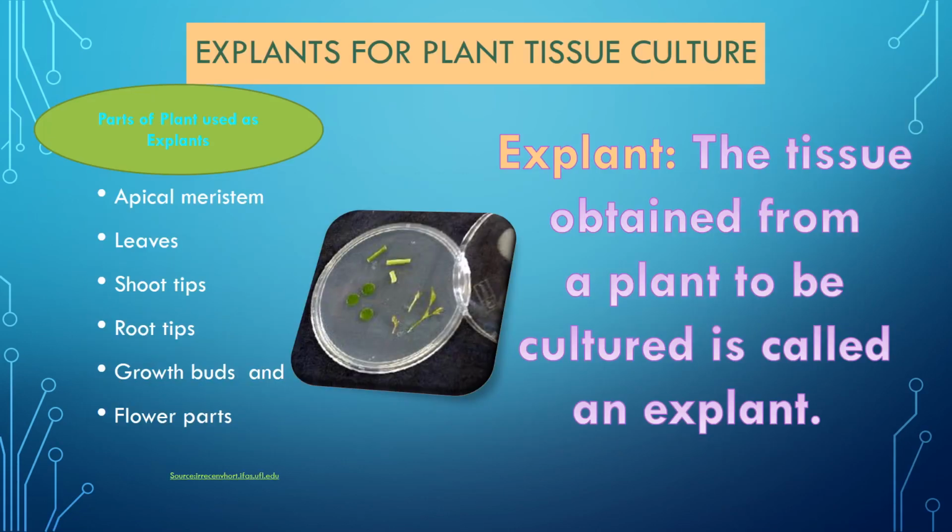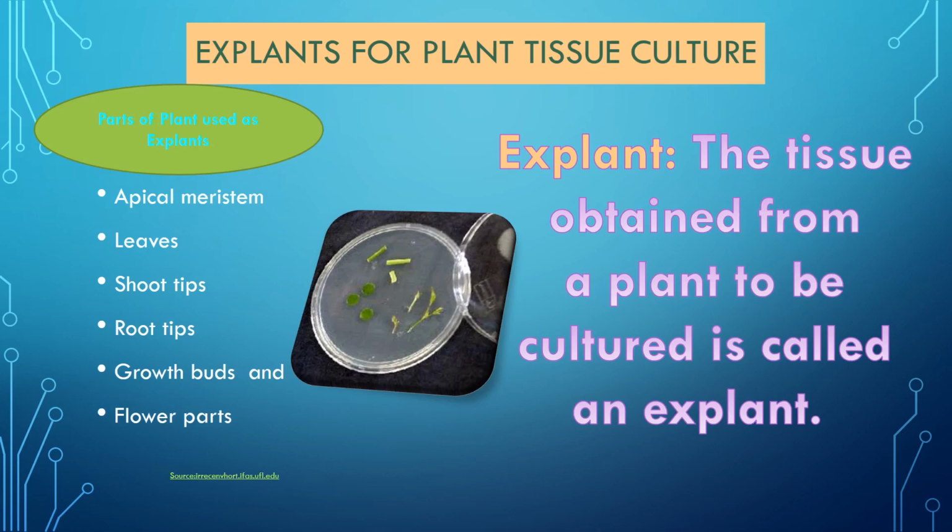To perform a plant tissue culture experiment, a tissue must be obtained from a plant. The tissue obtained from a plant to be cultured is called an explant. An explant regenerates root and shoot systems, and consecutively the whole fertile plant can be obtained under certain cultural conditions.